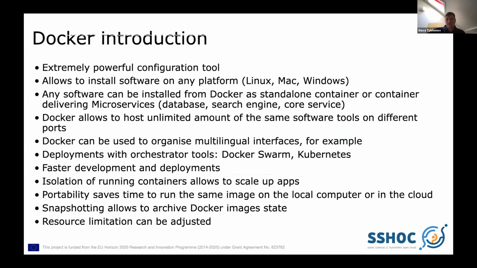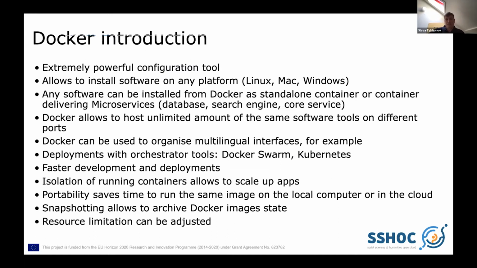Well, of course, everybody has heard about Docker, and there are a lot of advantages. I will just mention that deployments could be done with Kubernetes or Docker Swarm, and there are a lot of orchestrator tools available. For us, it means that after we use Docker, we get faster development and deployments because everything is reusable and open.